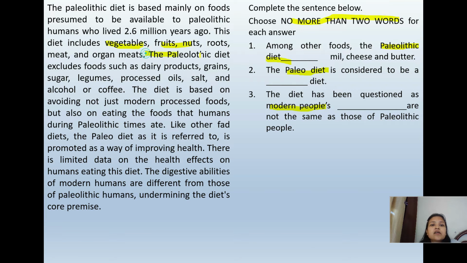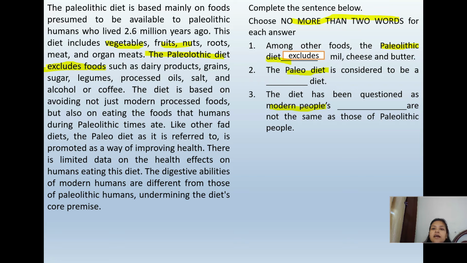That means the Paleolithic diet doesn't include these: dairy products, cheese, grain. So this would be, among other foods, the Paleolithic diet, but excludes. This is the keyword. It doesn't include these things. So this would be excludes.